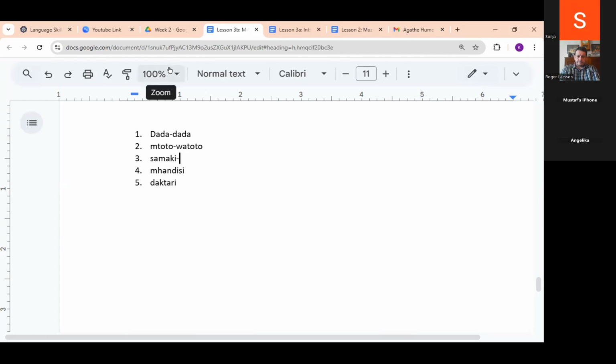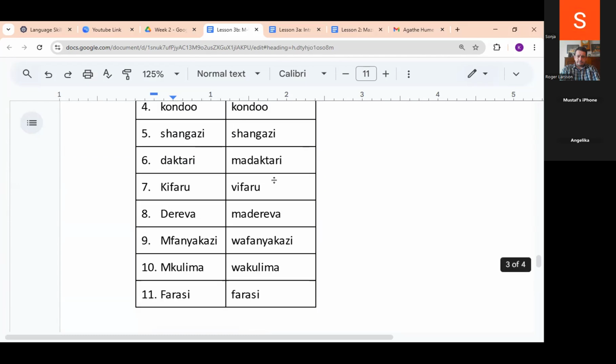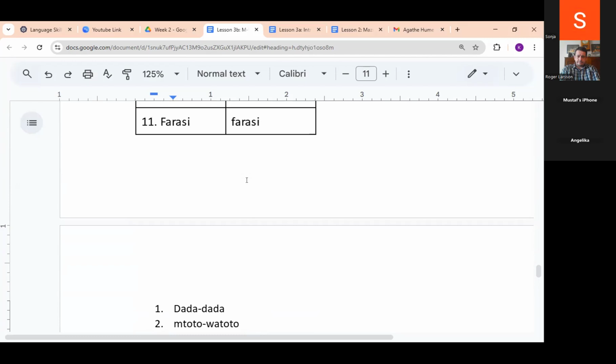Samaki, kaka Roja, samaki. Mhandisi, dada Angelika, wahandisi, vizuri. Daktari, kaka Mustaf, madaktari. Asante sana. Vizuri. Sawa sawa. We'll continue here. Tutaendelea.